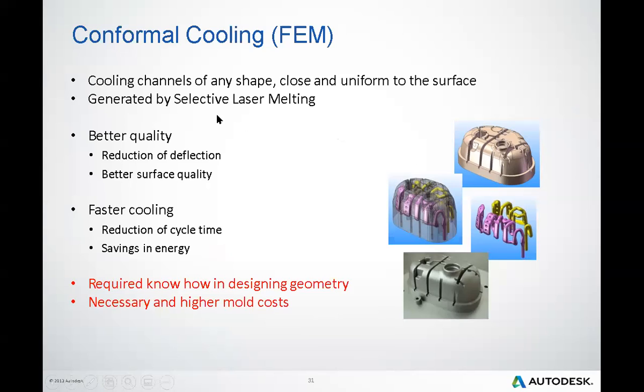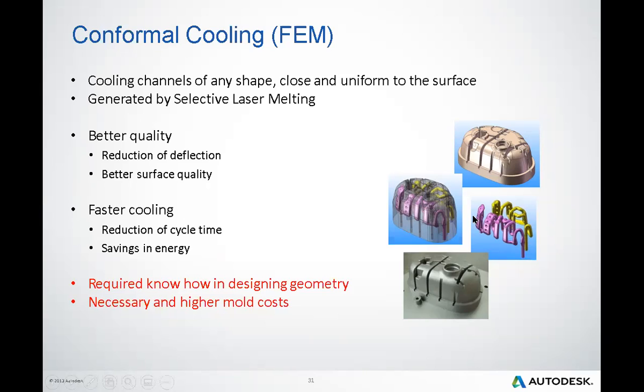Nowadays, we use RP, rapid prototyping. We use the selective laser melting technique because rapid prototyping has many techniques to produce, but this one is quite effective because it makes a functional part. So we use the laser to melt the metal powder and combine it all together, and we can produce every complex shape nowadays.